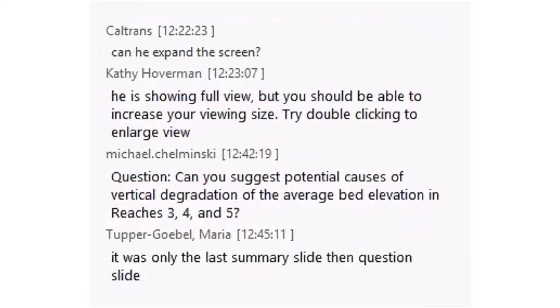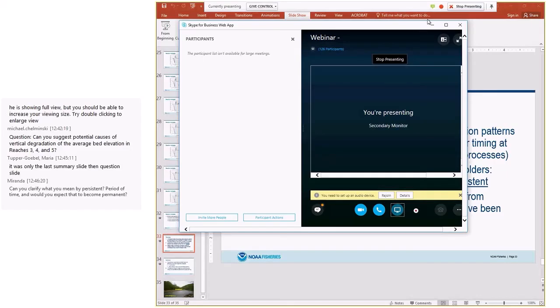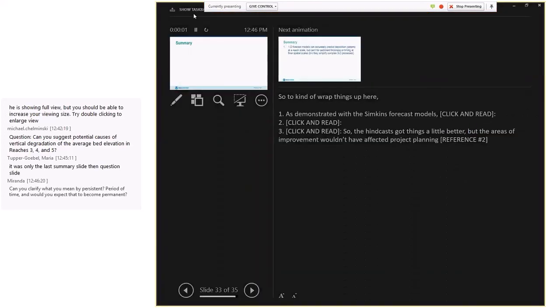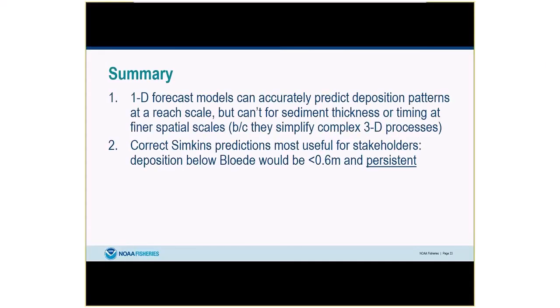You should be able to see it now. I have the yellow box back. Yep, you're good to go. Okay. So we are now seeing your presenter mode. I want to change that, but I can't get under there until that thing goes away. Okay. So you lost me where? Here? Yes. Okay.